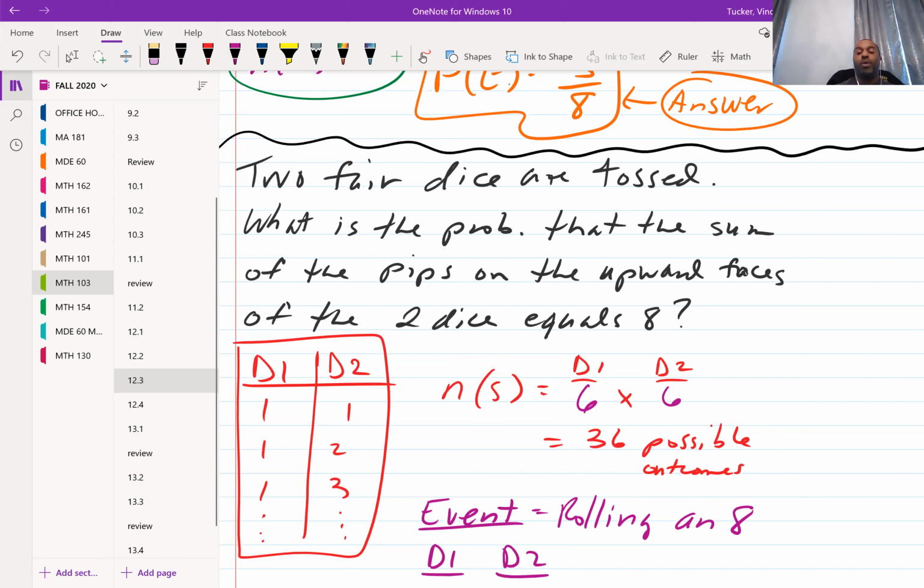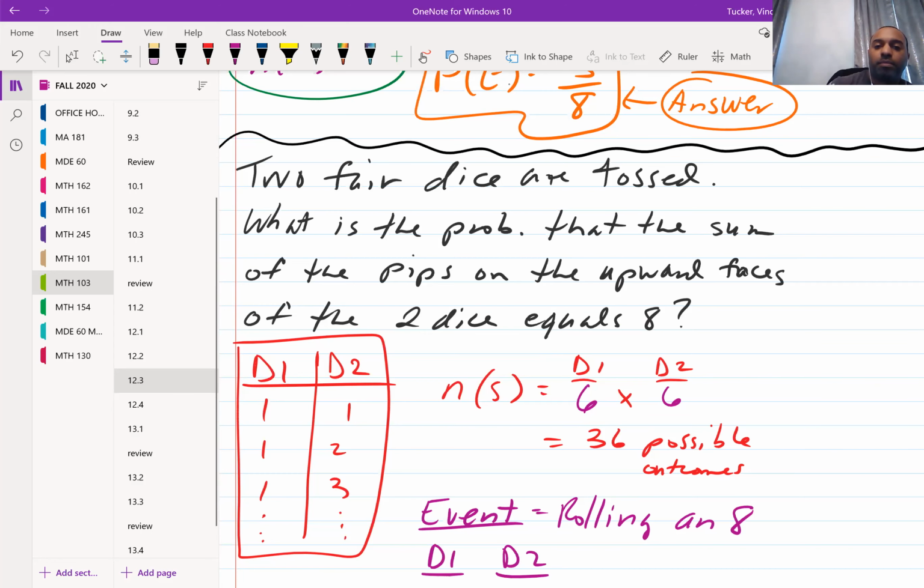Now, let's say if one die had 6 faces and the other die had 8 faces, then you would do 6 times 8, which will give us 48 possible outcomes. But of course, in this case, both of them have 6 faces. 6 times 6 will be 36 for us. So our sample space number will be 36. Of course, you don't want to get into the idea of having to list them all out. So the way you do that is multiply the two options together, 6 times 6.